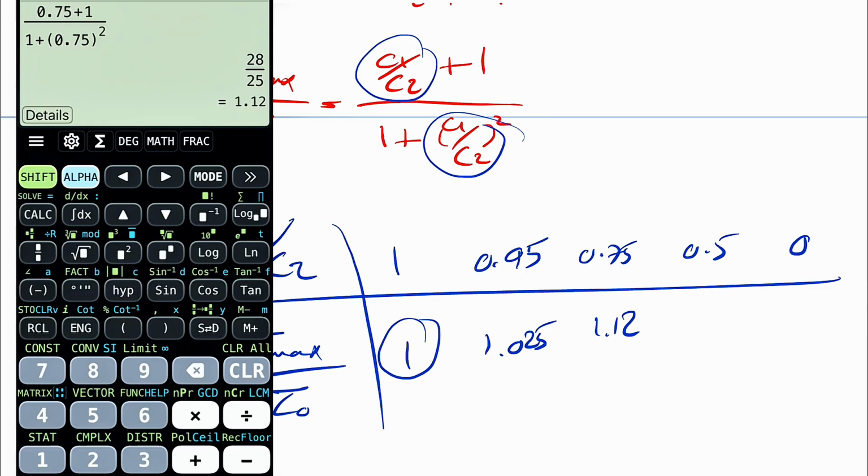For 0.5 we're going to get 1.2, and for 0, we can see that we also get 1. Let's just show it.